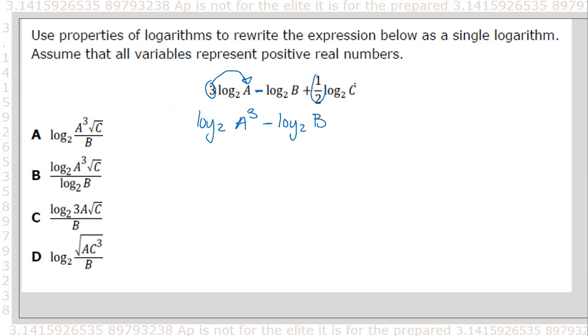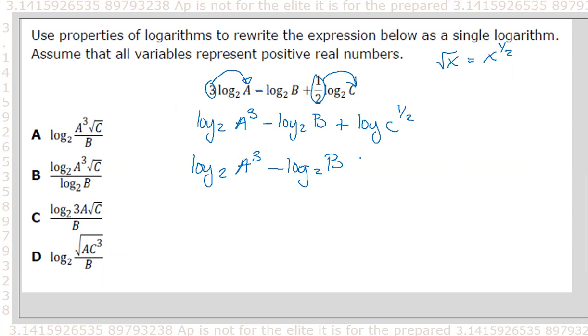So this 1/2 is going to be plus log of c to the 1/2. We agreed that if you have a square root, that is the same thing as an exponent of 1/2. So we have log base 2 of a to the cubed, minus log base 2 of b, plus log of the square root of c.